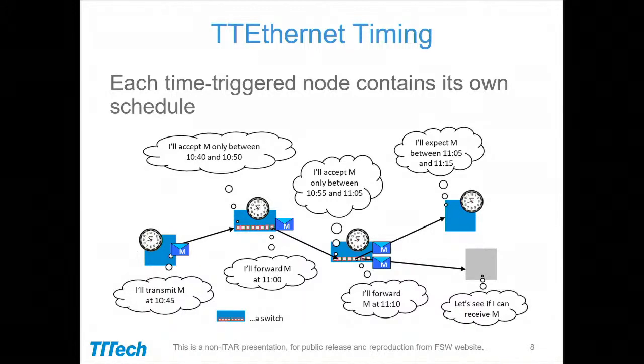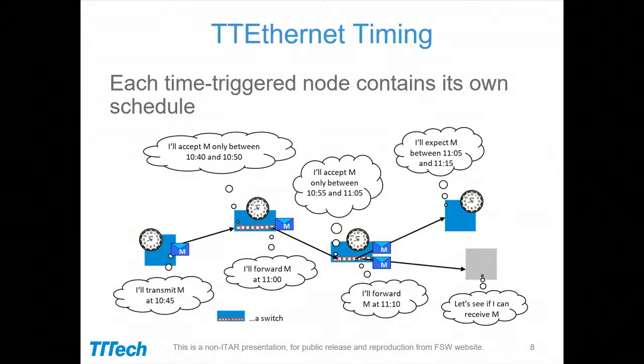And the first switch it runs into says, I will only accept M between 10:40 and 10:50 because it's scheduled to receive it sometime immediately after it's transmitted from the first end system. So it has a receive window and not an exact time, but it's still highly scheduled. And the schedule carries forward, going from that switch to the next switch and the next switch to the time-triggered end system.